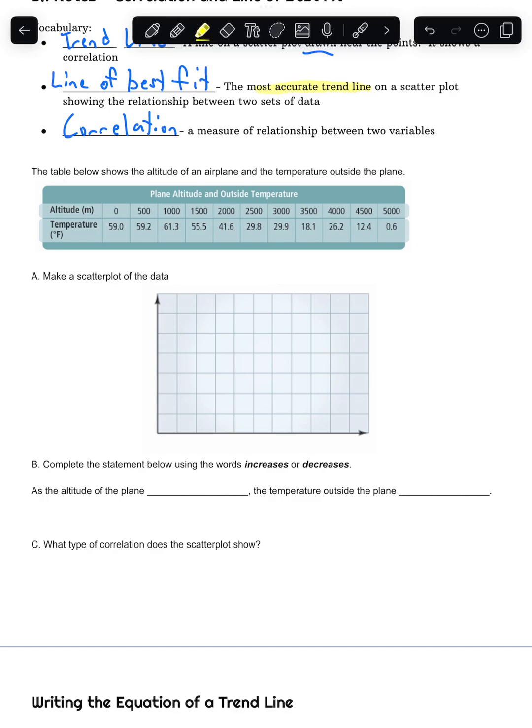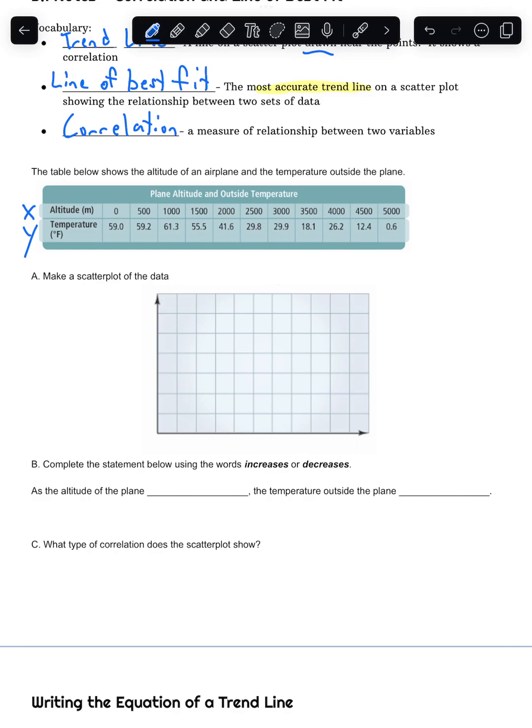Anyway, we've got a table that shows the altitude of an airplane and the temperature outside of the plane. So we have plane altitude and outside temperature. First thing we need to do is look at it and decide what's what. Our altitude is going to be our x values, and our temperature is going to be our y values. The table for altitude goes from 0 up to 5,000.